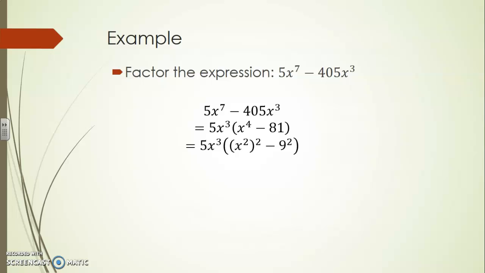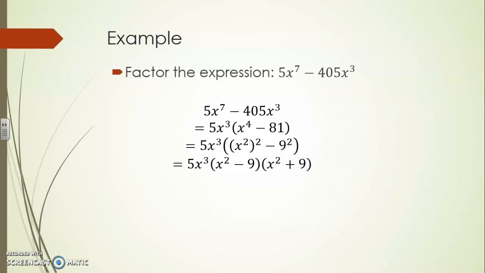In fact, x to the power 4 is x squared squared, and 81 is 9 squared. Difference of squares, where x squared plays the role of a and 9 plays the role of b, can be applied here. And therefore, 5x cubed now becomes a product of, or a factor of, x squared minus 9 times x squared plus 9.